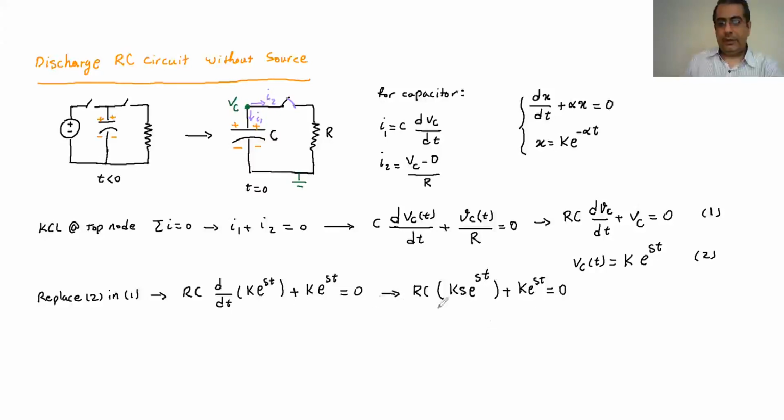Now if I rearrange this equation in order that I have this part out, I'm going to have R, C, and S plus 1, so it's R, C, and S plus 1, and then the rest is K e to the power of ST is 0.